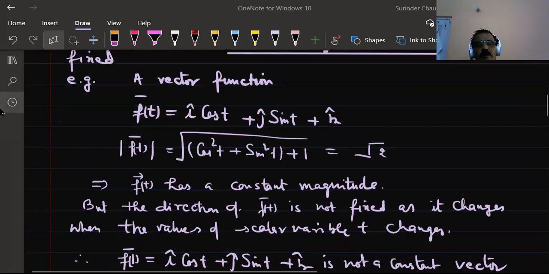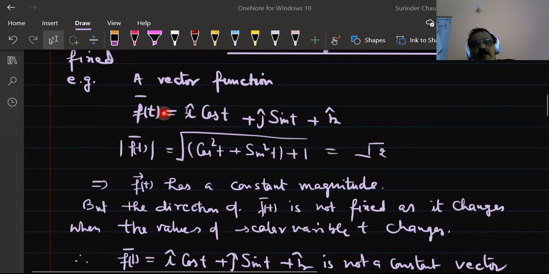So the magnitude is fixed, constant. But the direction of F(t) is not fixed, as it changes when the value of the scalar variable t changes.